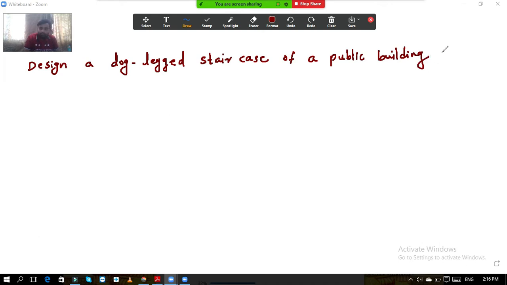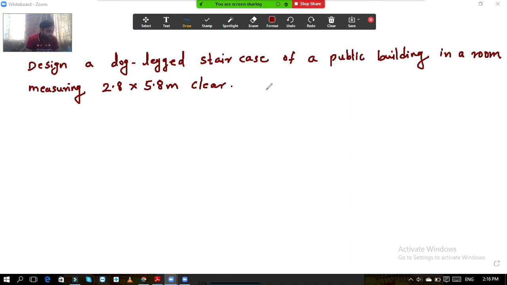in a room, so space is given again, measuring 2.8 by 5.8 meter. Clear measurement is given.